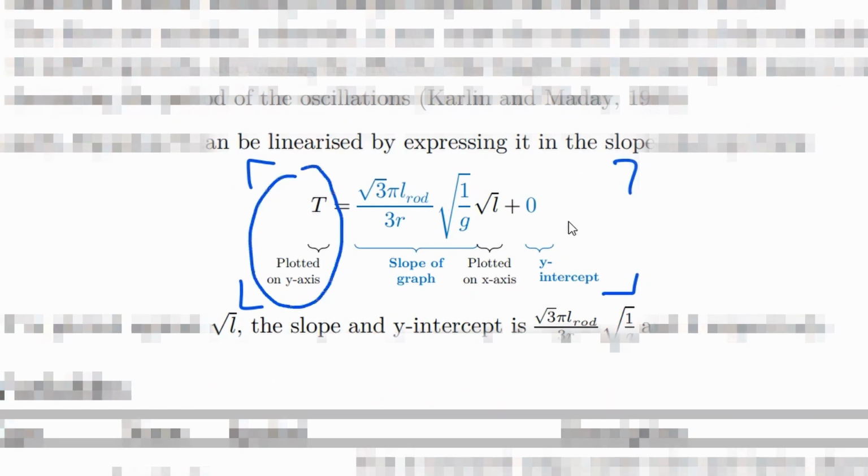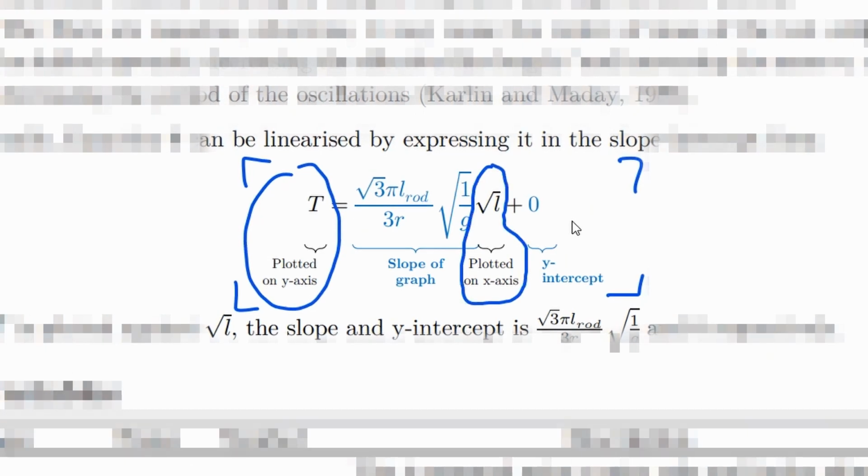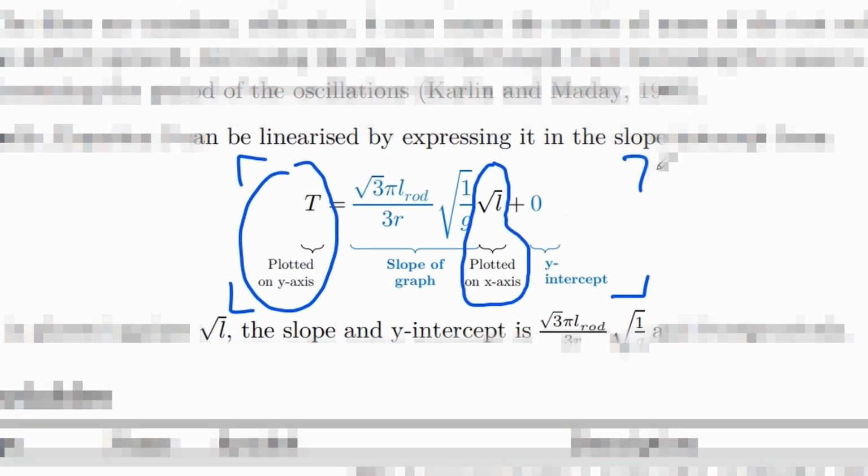So in Abraham's case, that would be the big T, and the L, which is the length of the filus, to be the independent variable.